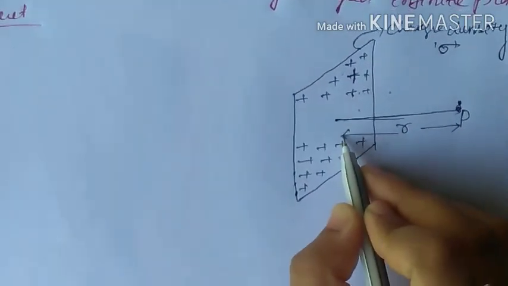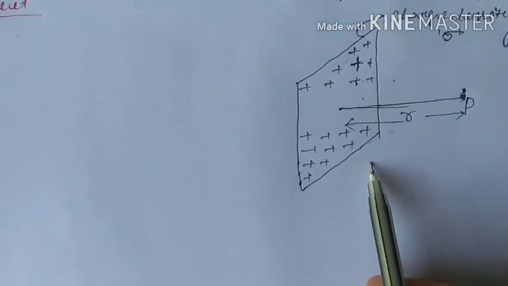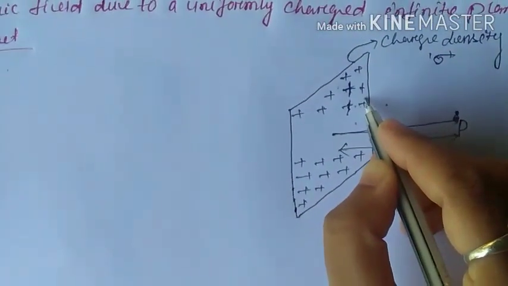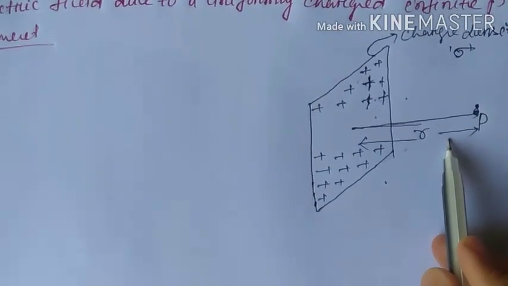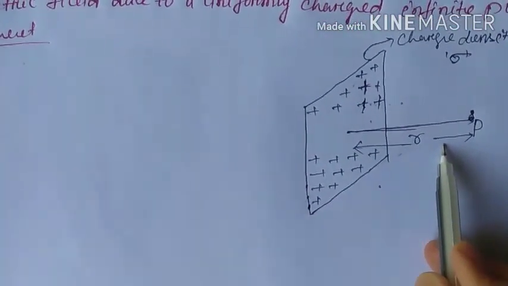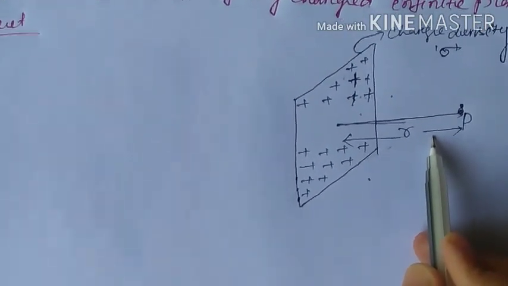Right? So now we have to think which type of Gaussian surface we will draw here such that our purpose will be satisfied. For that, we have done several experiments on a trial and error basis.